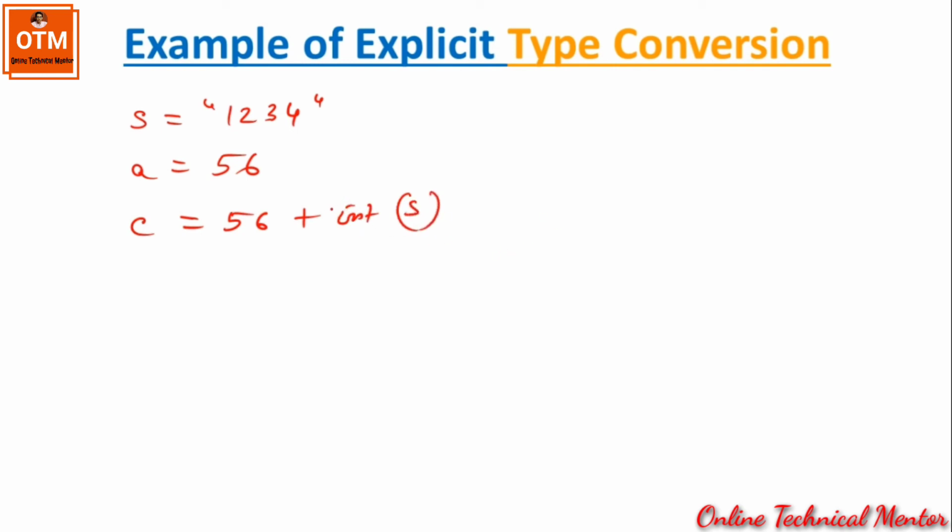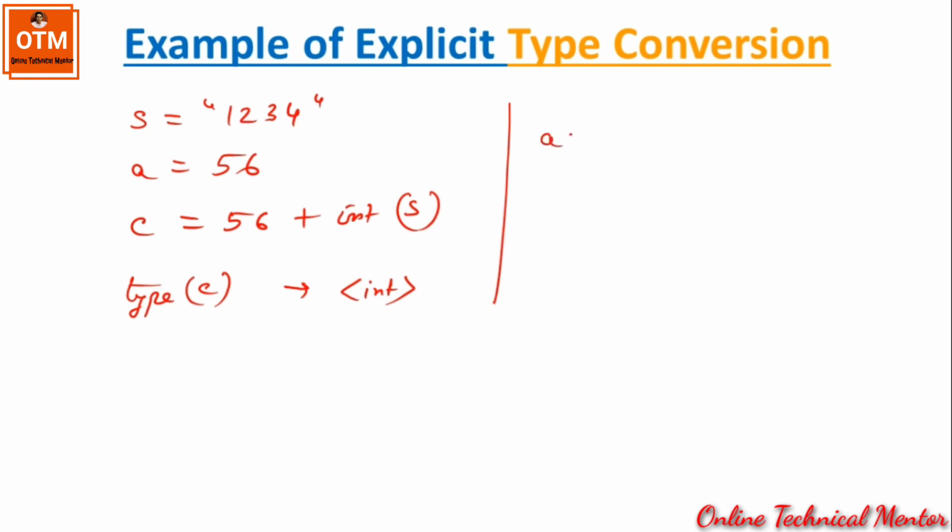When you write int within brackets with a string, that string will be converted to an integer, then the addition will be done and the value stored in variable c. And if you type the type of c, it will return that it's an int type.